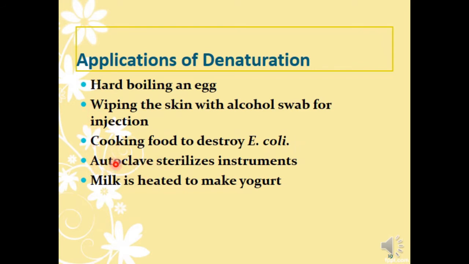Autoclave is used to sterilize instruments, meaning to kill every possible source of contamination. And lastly, milk heated to make yogurt. So that is one example of denaturation. To prepare yogurt, milk is heated.